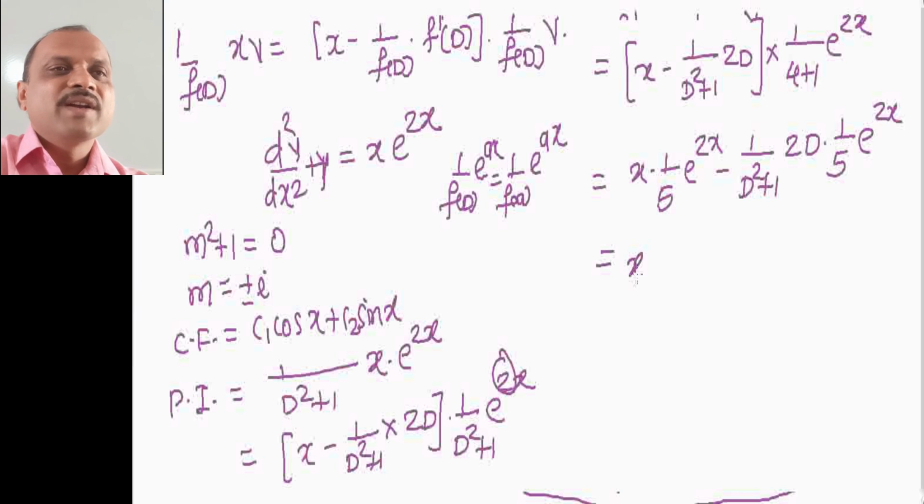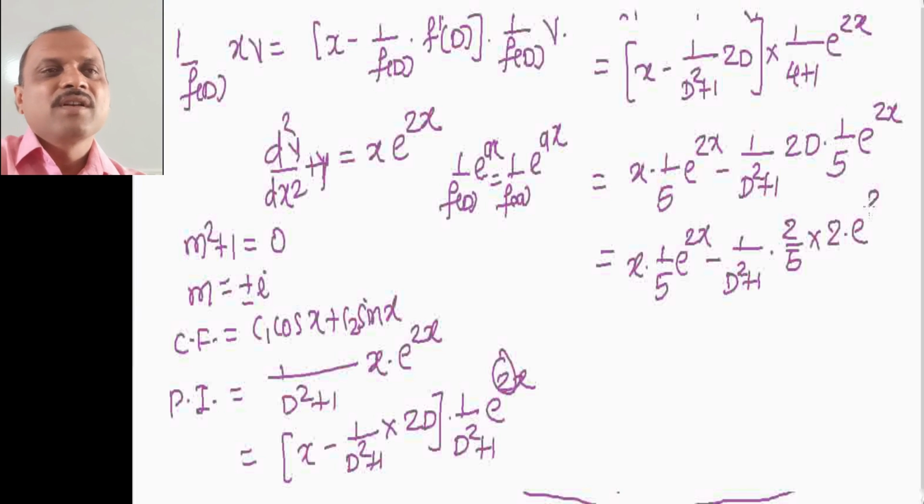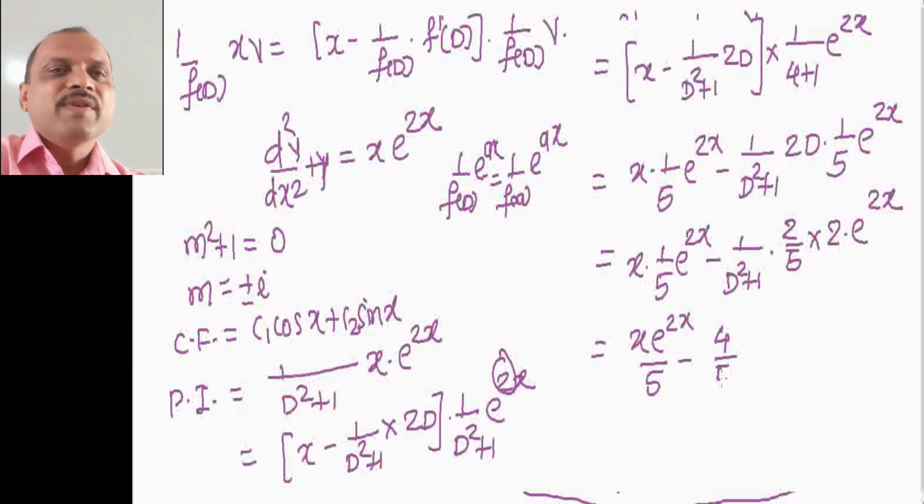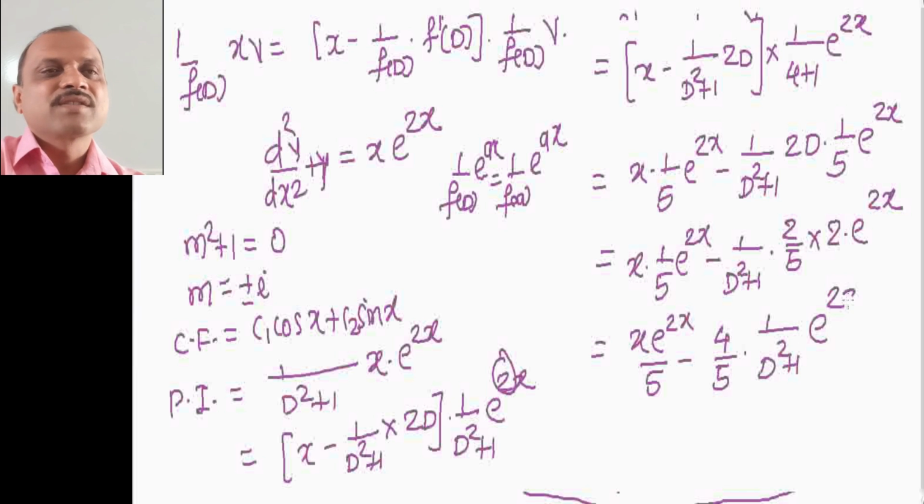This equals x into 1 divided by 5 e^(2x) minus 1 divided by D² plus 1 into 2 divided by 5 into the derivative of e^(2x), which is 2 into e^(2x). So this equals x e^(2x) divided by 5 minus 4 divided by 5 into 1 upon D² plus 1 operating on e^(2x).